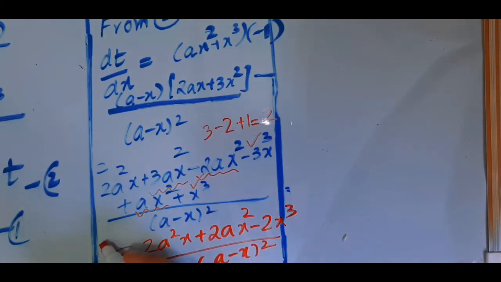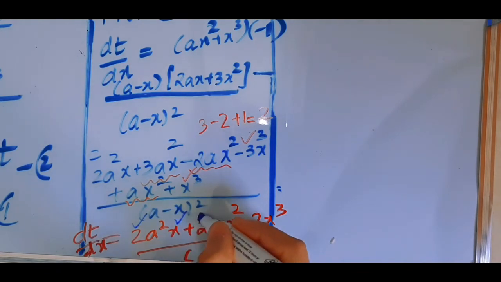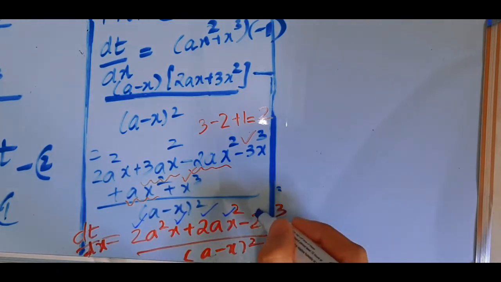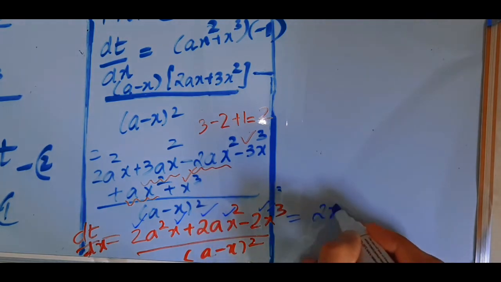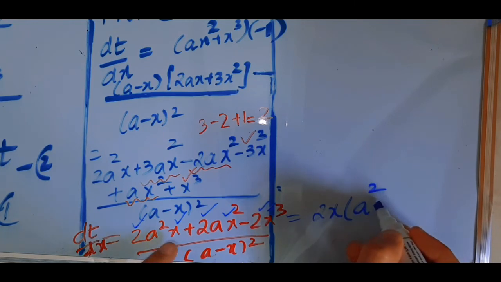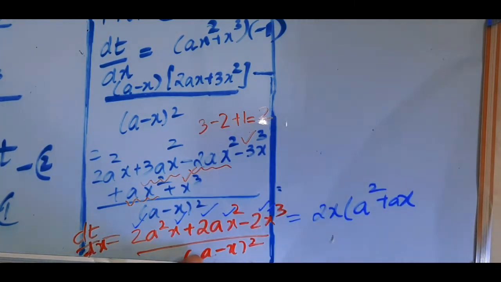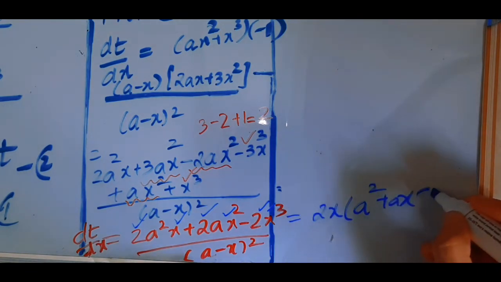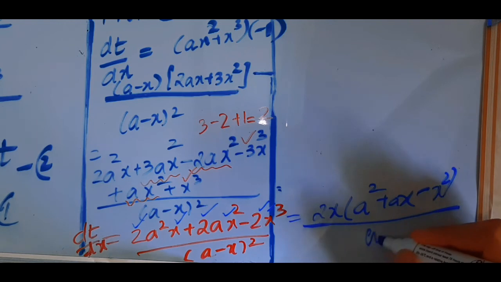This is dt over dx. We have 2x and 2x, so we can take 2x common from here, 2x, and here will be a square plus ax minus x square, and a minus x whole square.